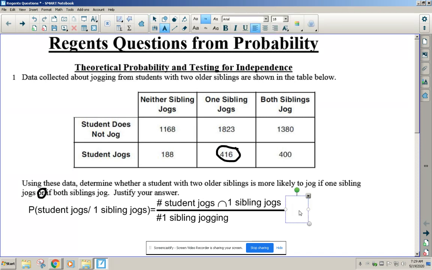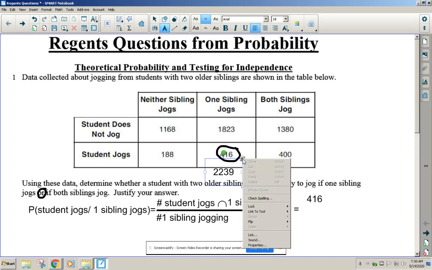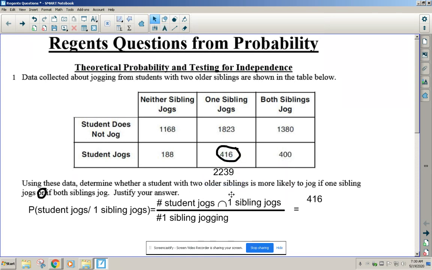So this now is going to become the 416 over the number of siblings that jog. Now here's where I have to actually add up the 18, 23, and the 416, and the total for this column here is 2,239. And that now becomes the bottom of my fraction.